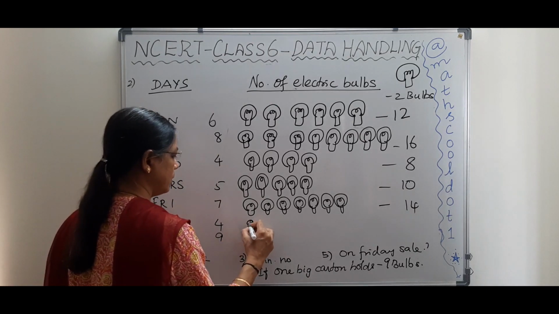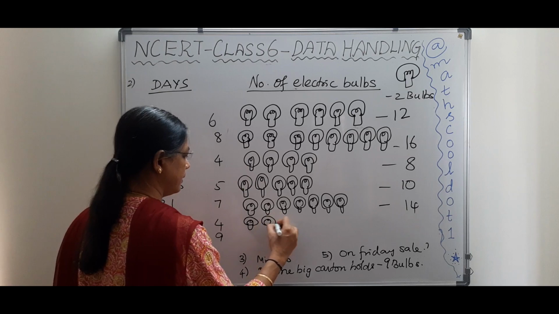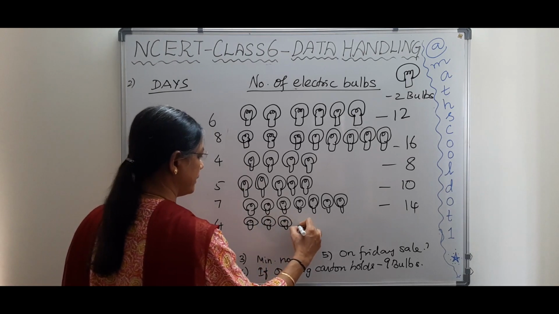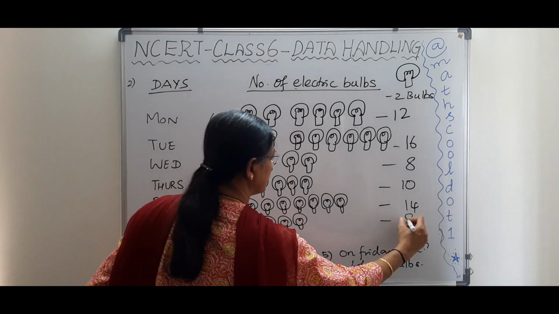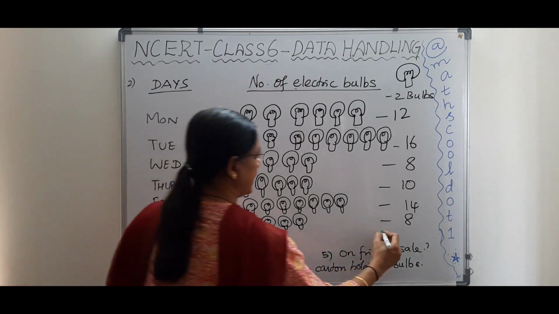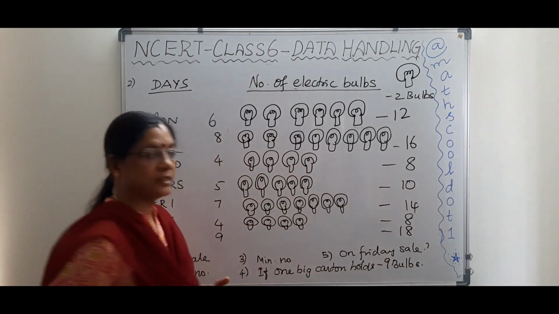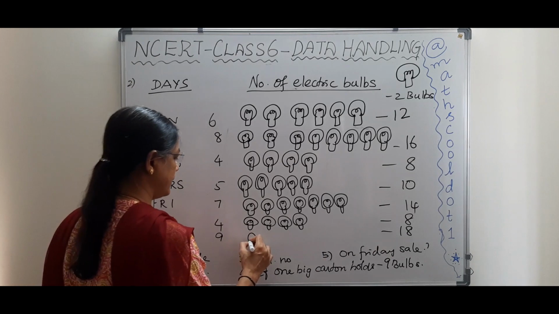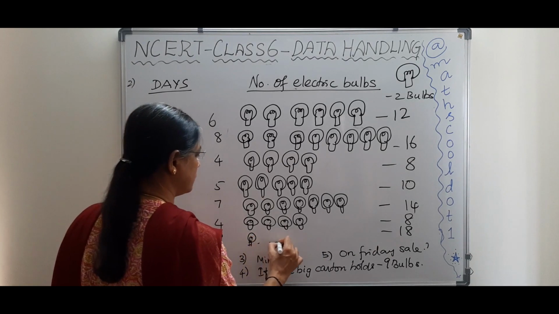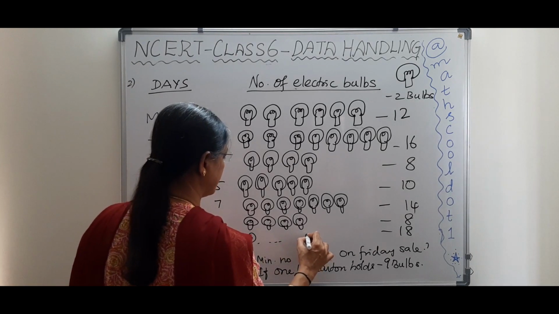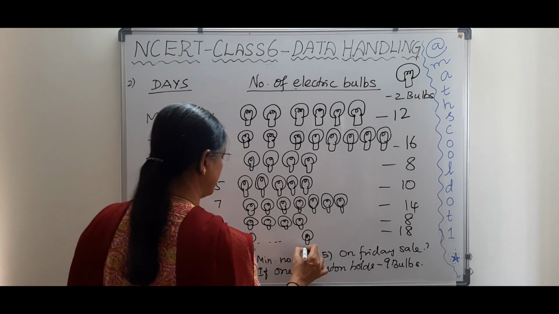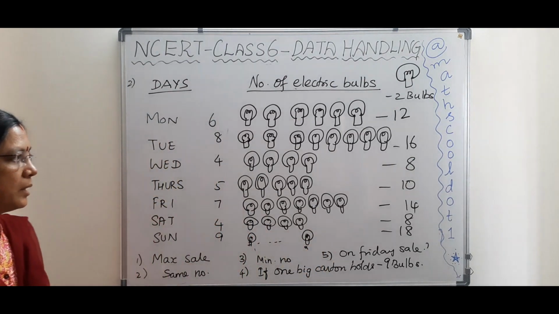And on Saturday, it is 4. That means 8. And on Sunday, 9. It means 18. Right? So up to 9, 1 to 9. Okay, so it is 18 bulbs.